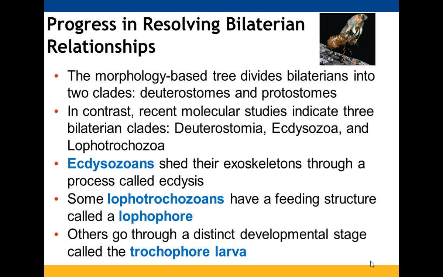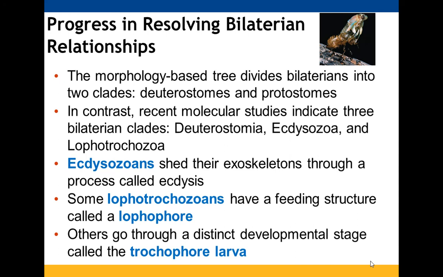If we look at the morphology-based tree, the bilaterians are divided into the deuterostomes and the protostomes, and if we look at it on a molecular level, we see that we have the deuterostomes, the ecdysozoans, and the lophotrochozoans. And so, how do we distinguish between those?